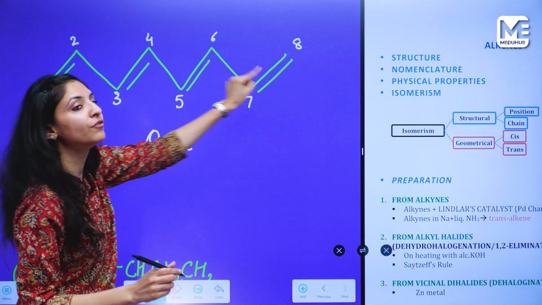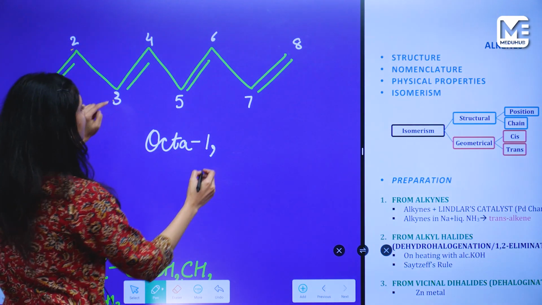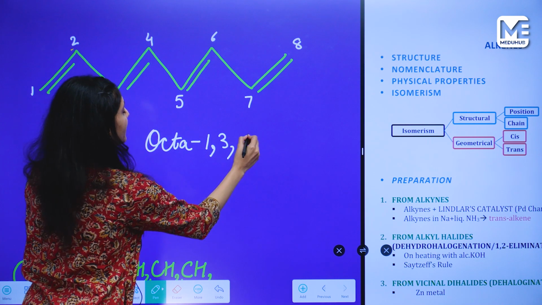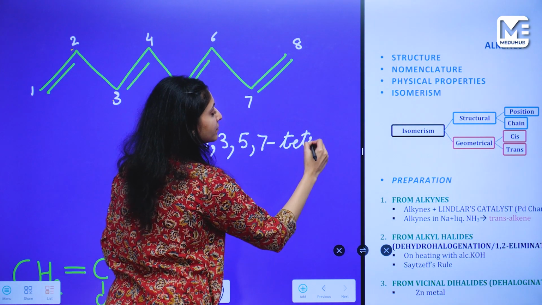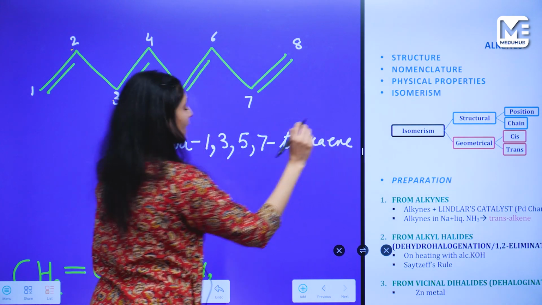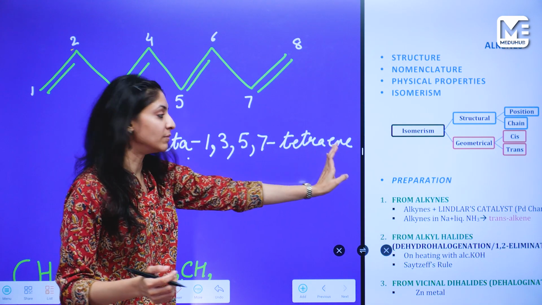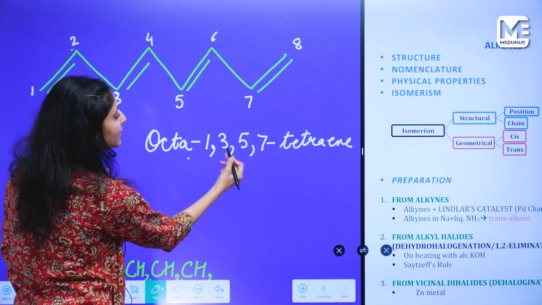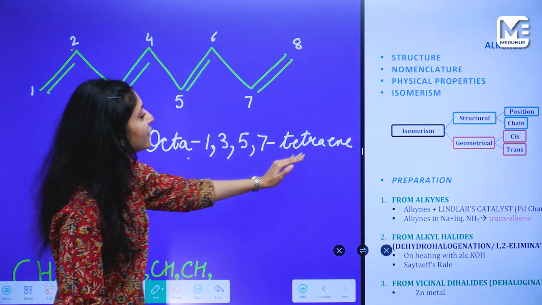There are 1, 2, 3, 4 double bonds. Octa hyphen 1, 3, 5, 7, tetraene. Again, we did not write oct, we wrote octa because there are more than one double bond. There are 4 double bonds at 1, 3, 5 and 7 carbon. So this is octa 1, 3, 5, 7 tetraene.